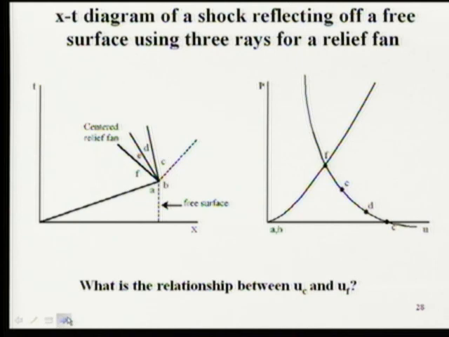So, how do you do the PU diagram? Here again is your free surface and your fan. What we notice is that, again, the F field is given, and it's in a solid condensed matter material.